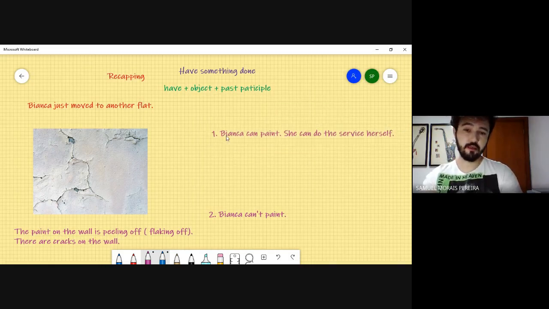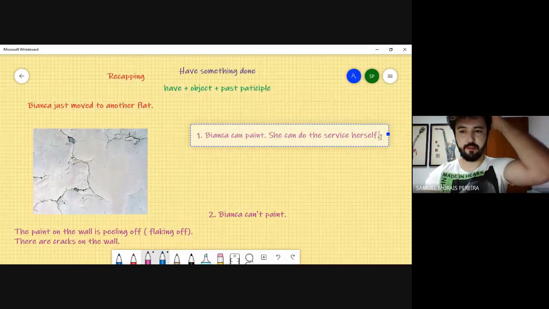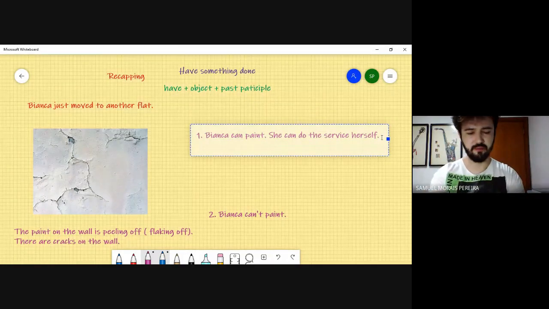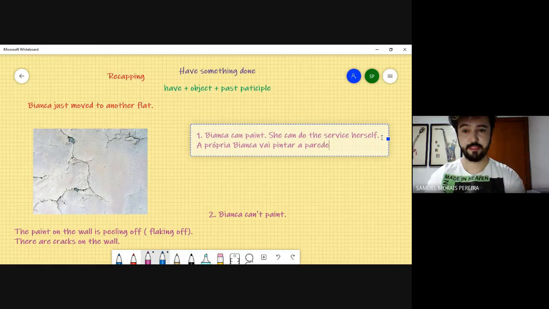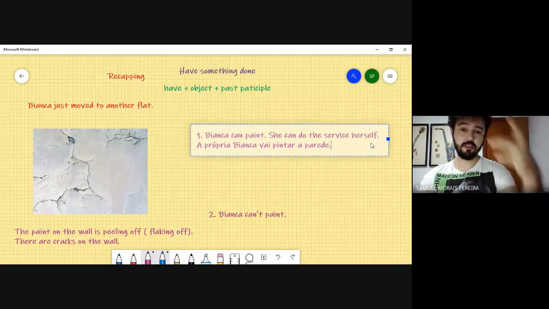In Portuguese, I could say something like, Bianca mesma vai pintar a parede, né? A própria Bianca vai pintar a parede. Or in Portuguese, we say something like, a própria Bianca vai pintar a parede. So, if this is the case, how do we say this?